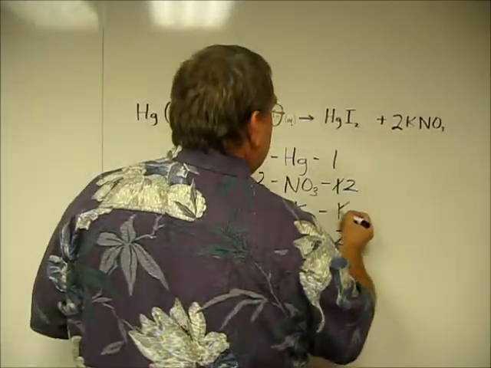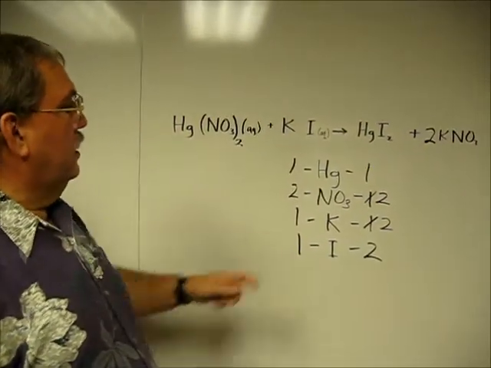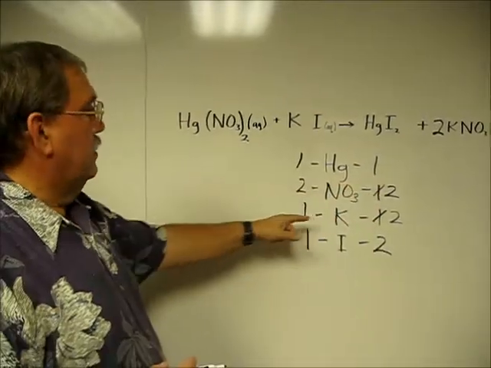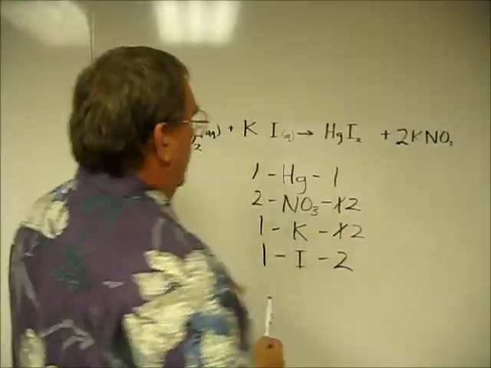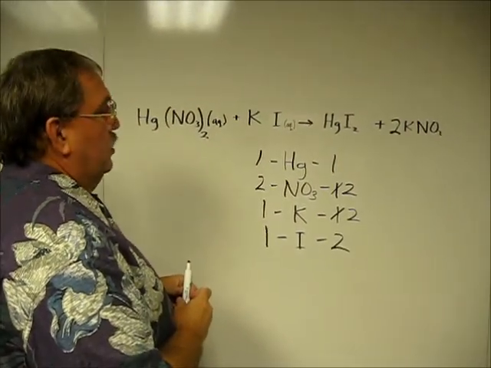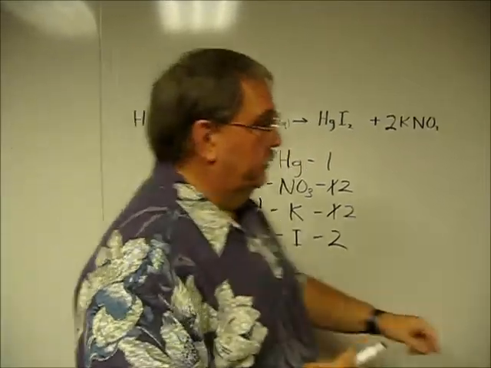So we make that 2. We find that we have nitrate in balance now. Going to potassium next, we show 2, of course, on the product side and 1 on the reactant side. So to bring that into balance, we can make that a coefficient of 2.